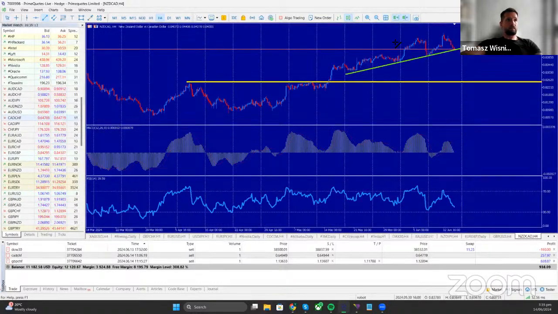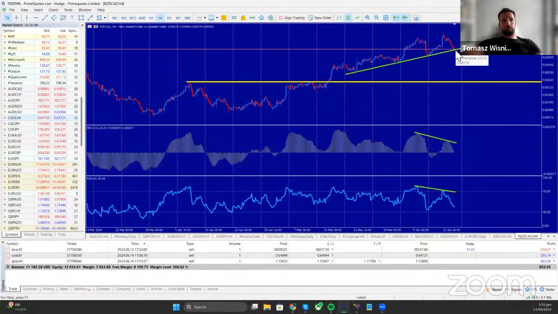But as you can see, price is making a higher high here, but histogram does not make a higher high, and also RSI does not make a higher high. In addition to this, here we are in the overbought area. RSI above 70 means that this instrument is overbought, and we have a drop.